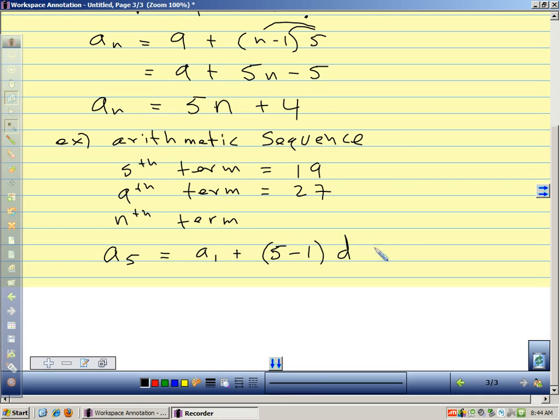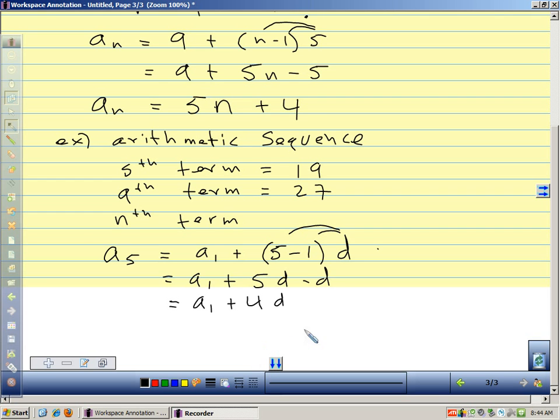I'm going to distribute the d here so we know what we're doing. So a sub 5 equals a1 plus 5d minus d, or a sub 5 equals a1 plus 4d.